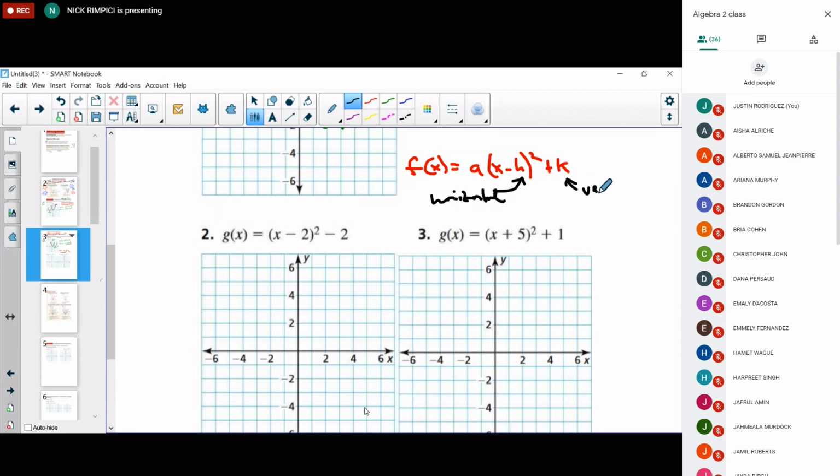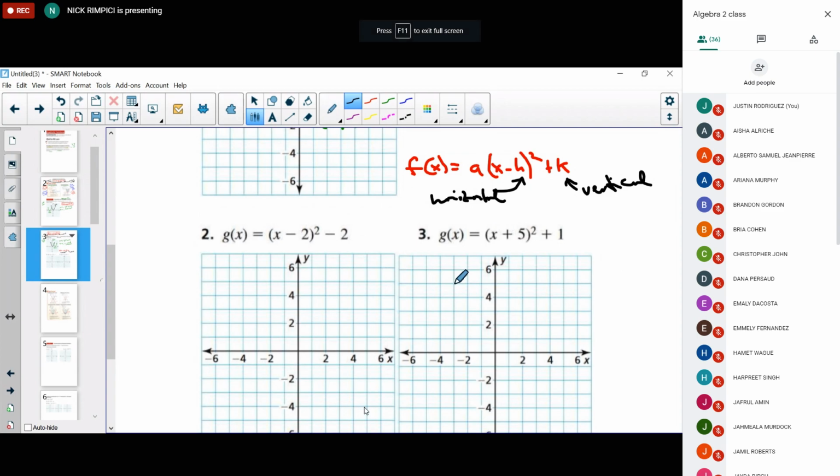So for questions 2 and 3, you're going to describe the transformation much like I did. An example would be the graph moves 5 units to the right and 3 units up, or the graph moves 7 units to the left and 2 units down.